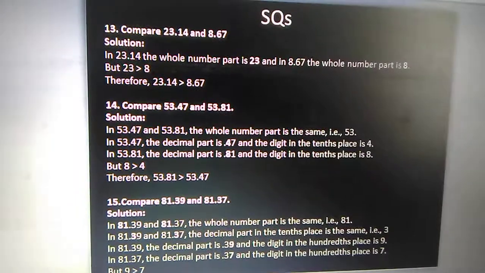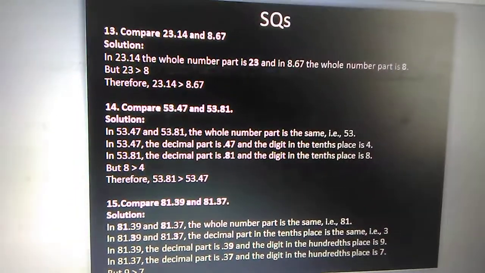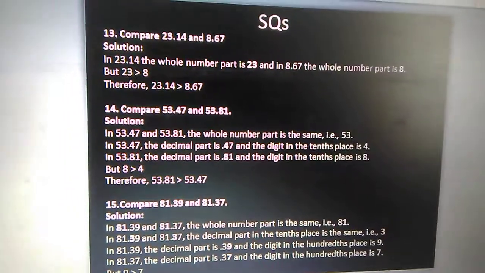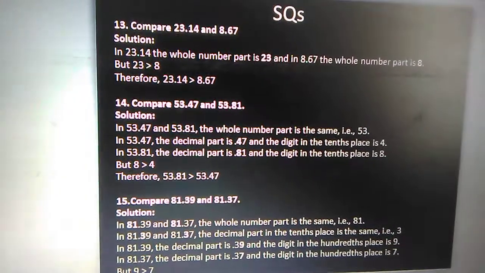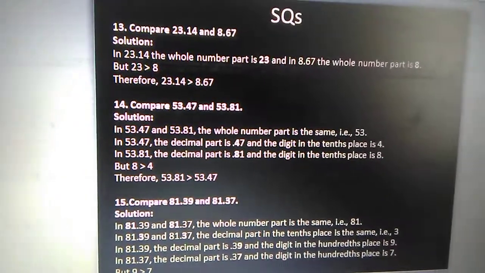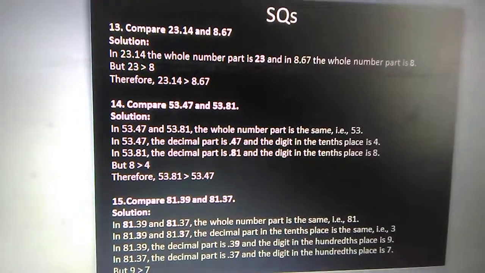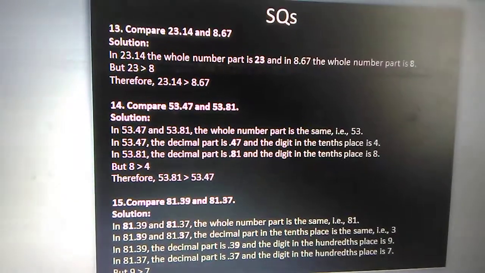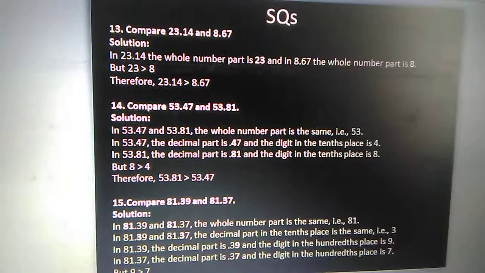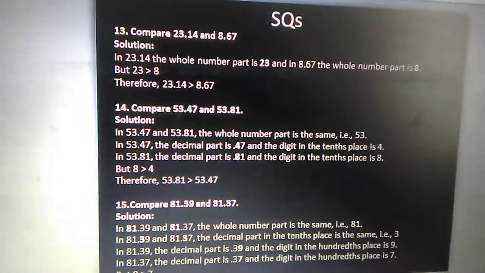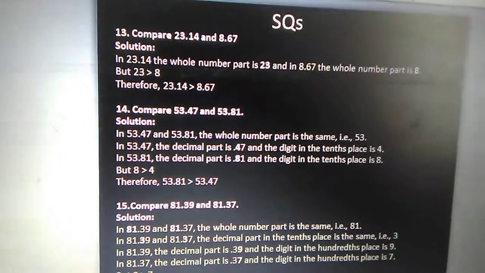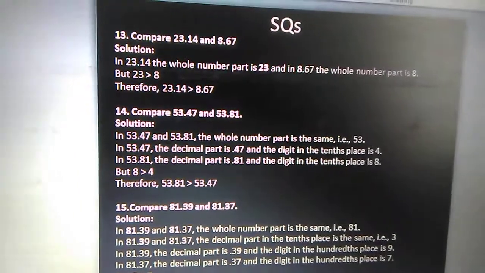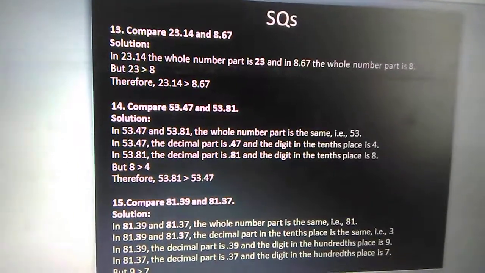If we compare 23 and 8, 23 is greater, so 23.14 is greater than 8.67. Compare 53.47 and 53.81. The whole part is equal, 53. Then we go for comparison of the decimal part, 0.47 and 0.81. If we compare 4 and 8, 8 is greater, so 53.81 is greater than 53.47.